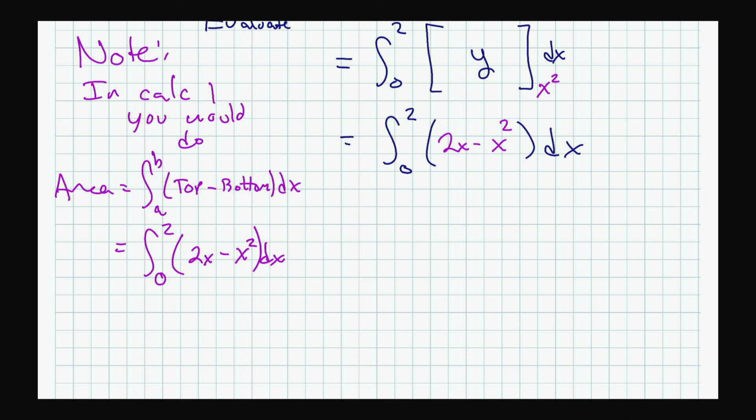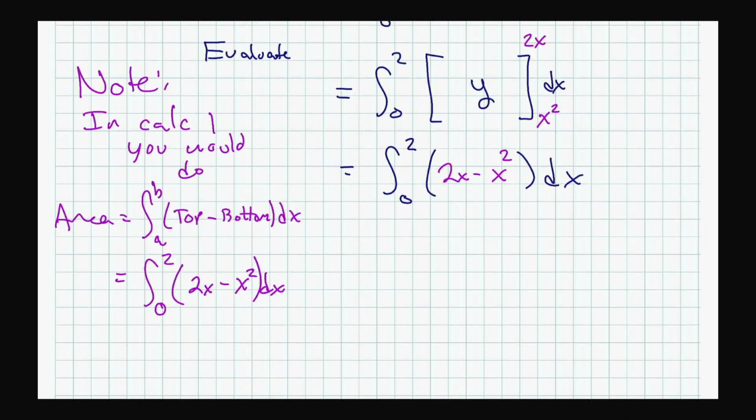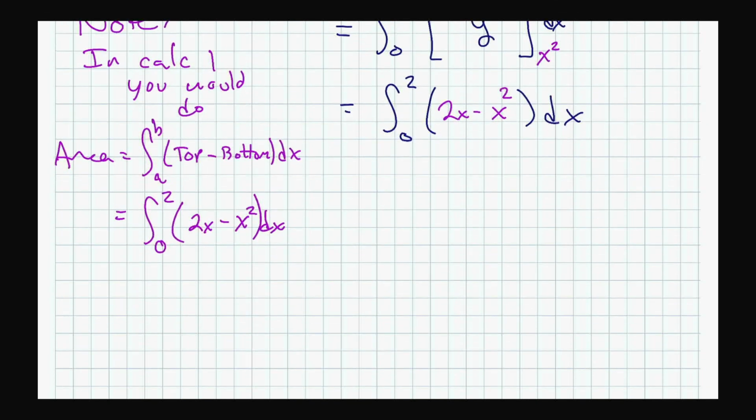So you would have set this integral up directly, whereas here it takes us a couple of steps to get there. But obviously we're going to get the same answer, the same as what we end up doing with the double integral.